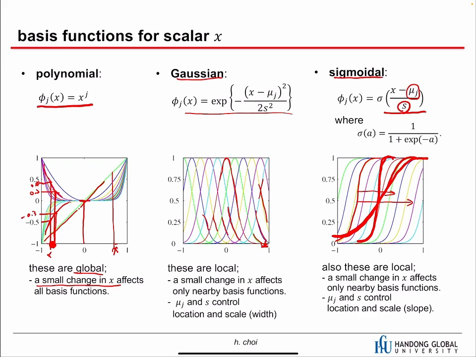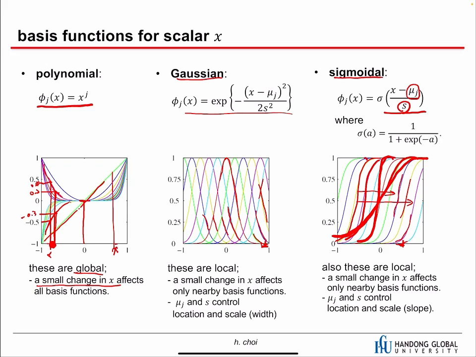And sigmoidal functions are local too. So when x is around here, for example, then some of these functions will be affected by this change, but this purple one will not be affected.